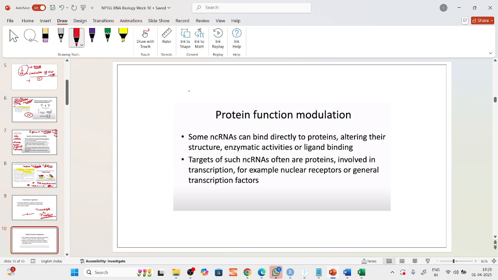See, suppose a transcription happens with the help of a certain transcription factor, and if this transcription factor is terminated, then this transcription will not take place. So this transcription factor can be inhibited by its binding to a certain non-coding RNA. Non-coding RNA can bind to this protein and alter its function, and ultimately it cannot perform its function.